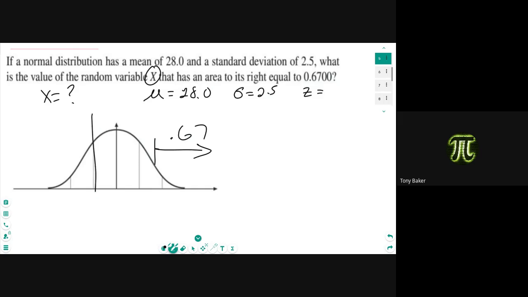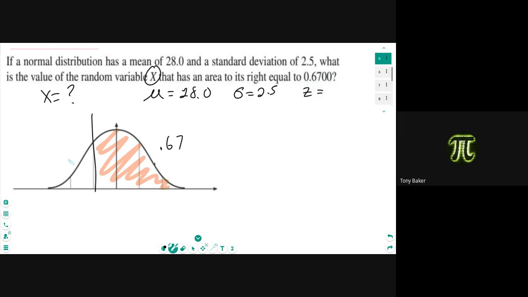Okay. Why is that important? Well, because that means that we're looking for a negative number. So now this is 0.67, right? And my table is always going to show me from the left.